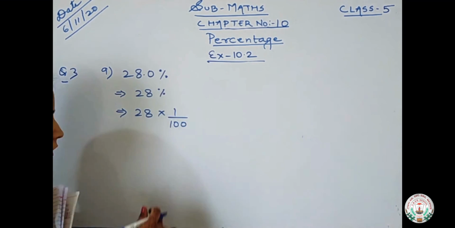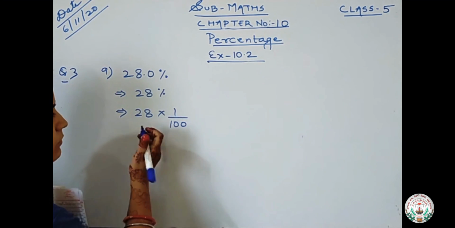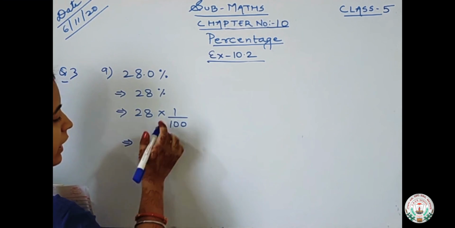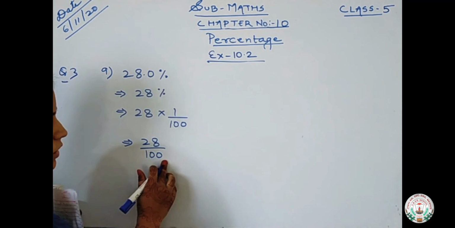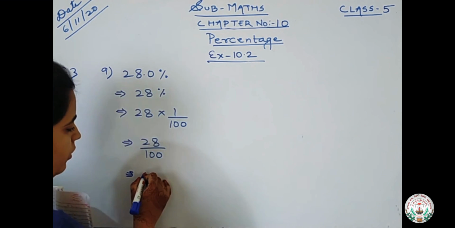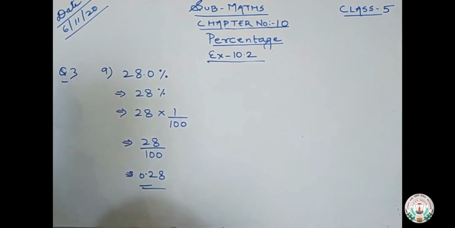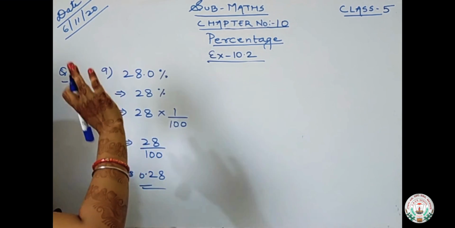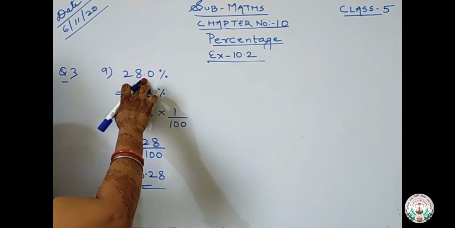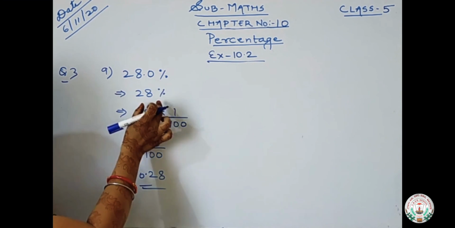It can be cancelled out, or we can put the decimal also. 28 into 1 will be 28 upon 100. 2 zeros are given here, so we will put 2 places of decimal. Like this. After the decimal, if any other number is given, it will have value, but if only 0 is given, we will take it as the whole number percentage.